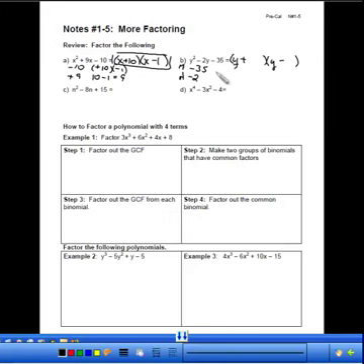Well, 7 and 5 will do that. Which one's negative? Since this 2 is negative, it's going to be negative 7 and positive 5. Multiply those two together, you get negative 35. Add them together, you get negative 2. So this would be our factorization right here.